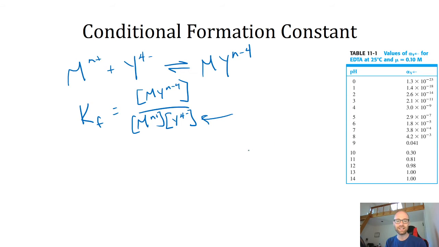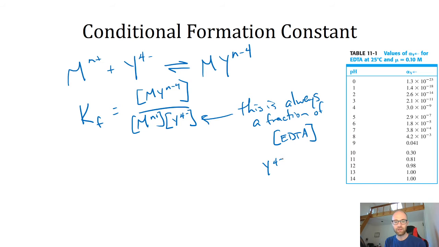Why don't we instead say this is always a fraction of EDTA? And we have a mathematical expression for that. We said that the Y4 minus at any time is equal to alpha Y4 minus times the total EDTA, which means that we can write that in there.